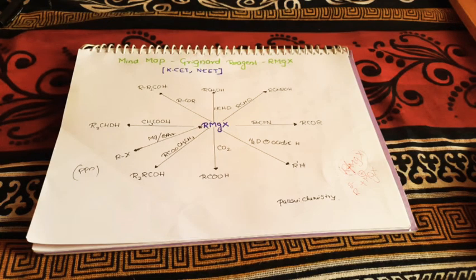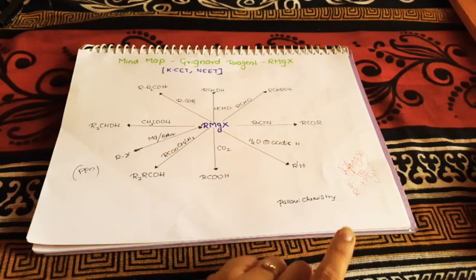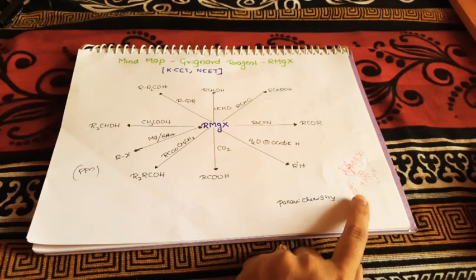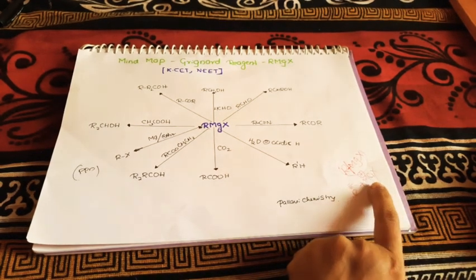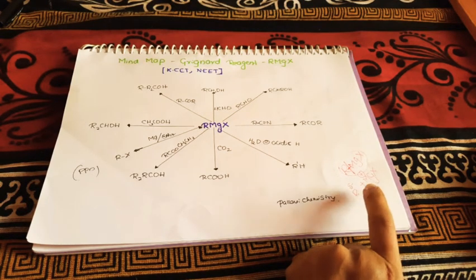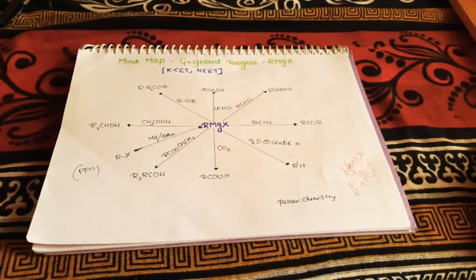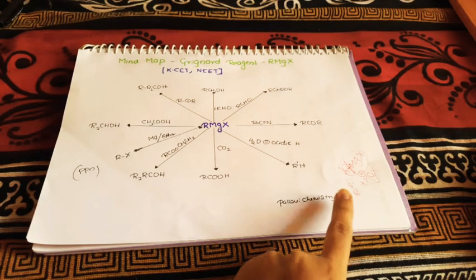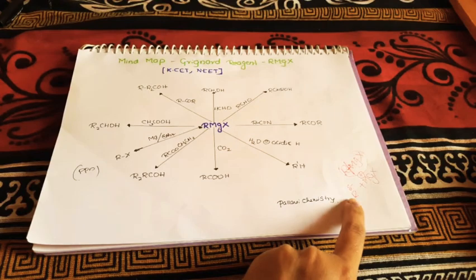But here the charge on the carbon of the Grignard reagent is negative, whereas the charge on the magnesium is positive. So you have to concentrate on this. Just keep in your mind that the R in Grignard reagent will have a negative charge.